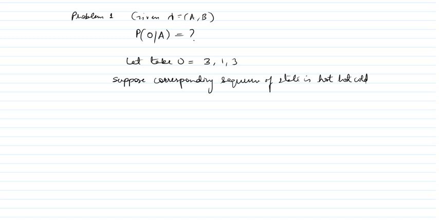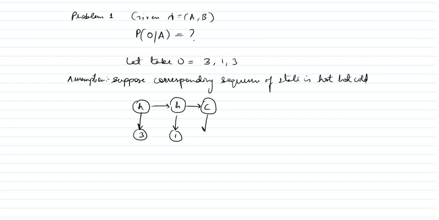It means, suppose I am just making an assumption. So this is hot, hot, cold, and 3, 1, 3. So you know now this is pretty simple, right? Why is it simple? We know these probabilities: 3 given hot, 1 given hot, and 3 given cold from the observation table. So what is the observation table here?